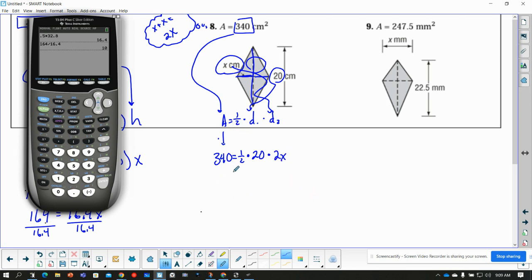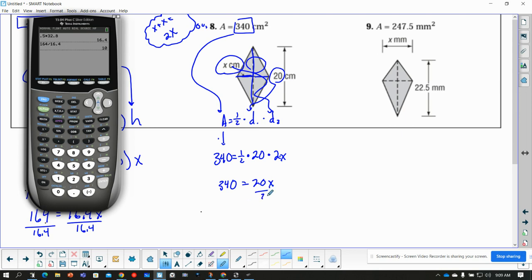All right, so now, when you're multiplying, it doesn't matter which order you multiply in. I can do the 1/2 times the 20 times the 2. This is actually 2 times x, right? 1/2 times 20 times 2. If I multiply 1/2 times 20 and then times 2, I get 20, because 1/2 times 2 is just 1.